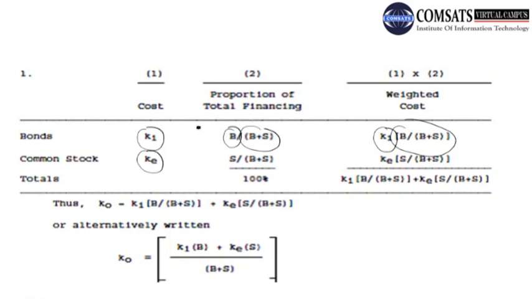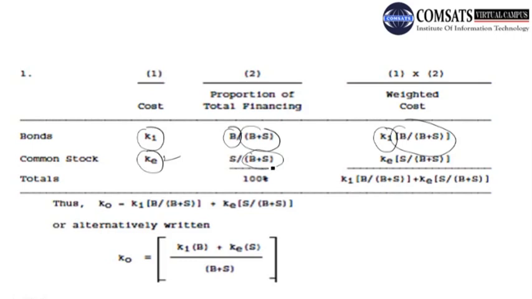Accordingly, we have the cost of common stock, represented as KE, and the proportion of common stock in the total capital structure, B plus S, is S over B plus S. It will give us the proportionate figure of the stock in the total capital structure.